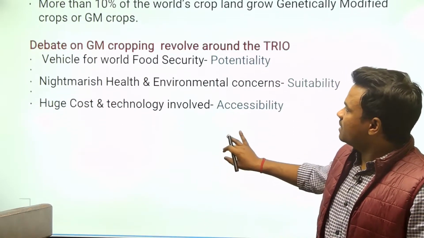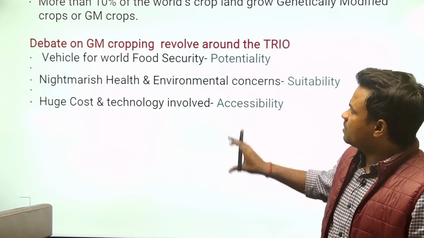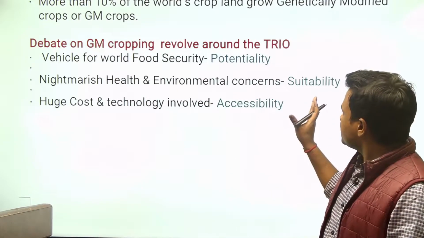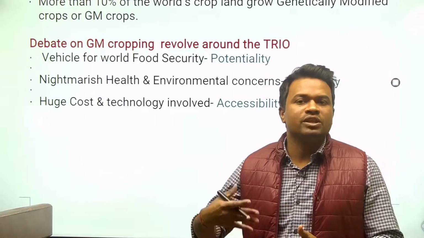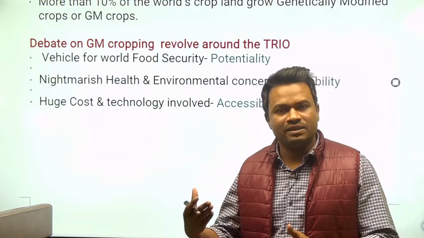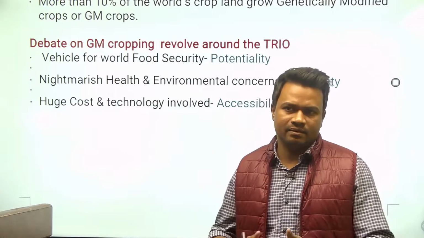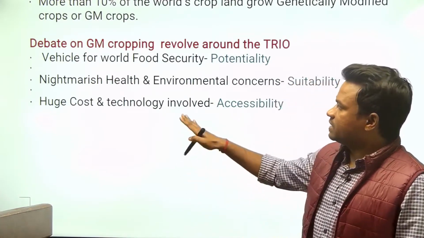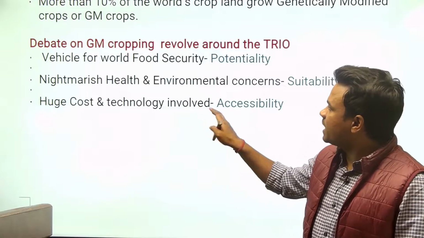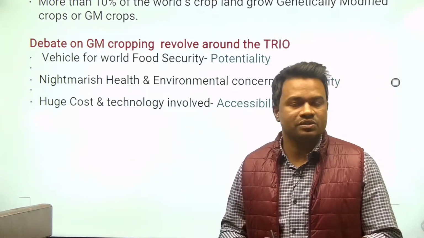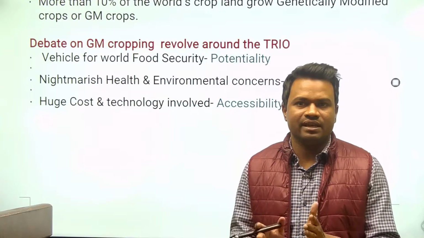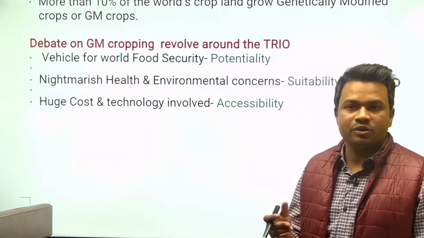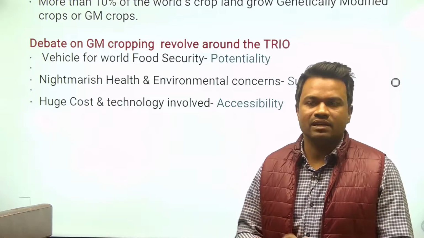The second pillar of this debate is suitability, that is, how suitable or accommodative it will be to farmers as well as policy makers and the public in general. Nightmarish health and environmental concerns are involved there, and that is raising so many questions regarding health and environmental aspects.